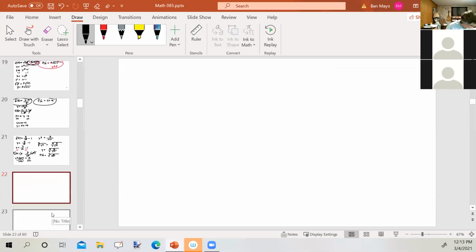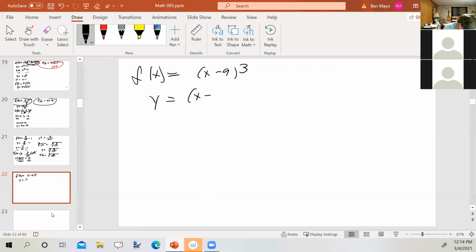Let's do one more of these. f of x equals x minus 9 cubed. So to find the inverse, replace f of x with y. Interchange x and y. Solve for y.